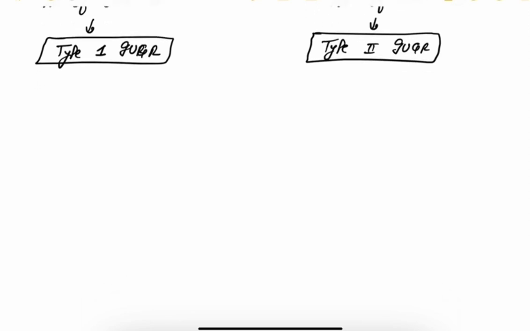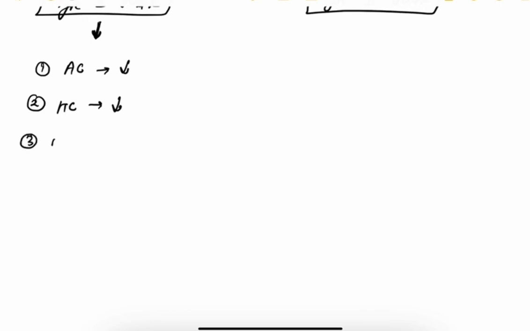So in type 1 IUGR, what are the changes that we are going to see in the fetus? All the USG parameters are affected: abdominal circumference will decrease, head circumference will decrease, biparietal diameter will decrease, femur length will decrease, fetal weight will decrease.